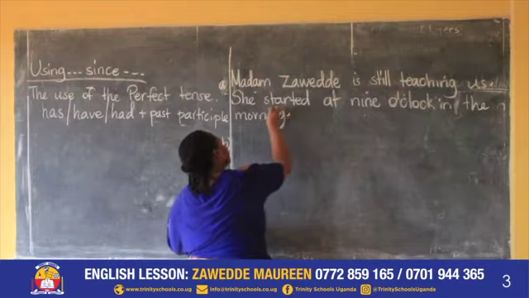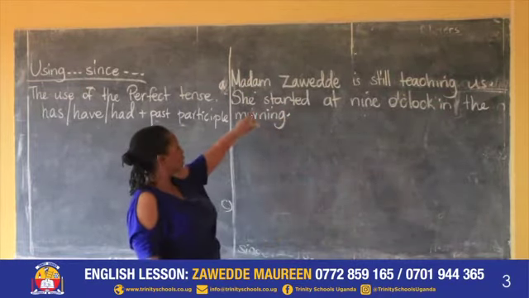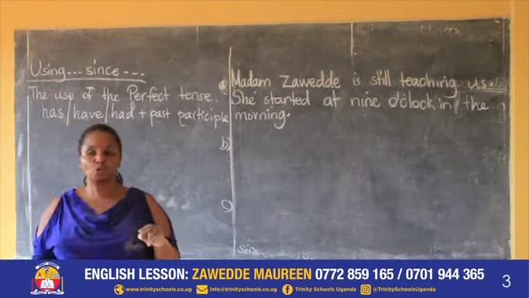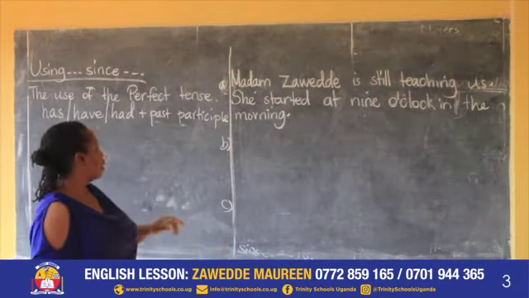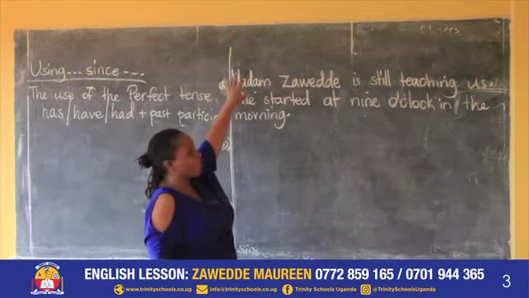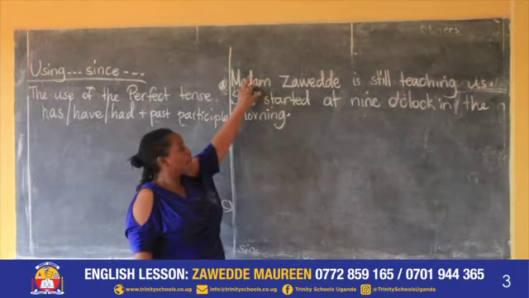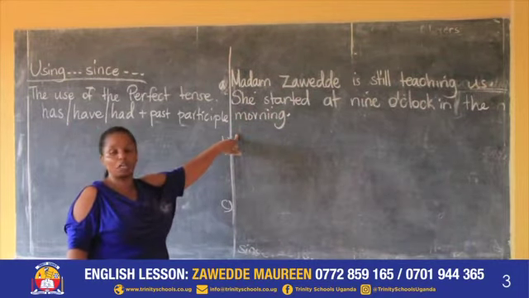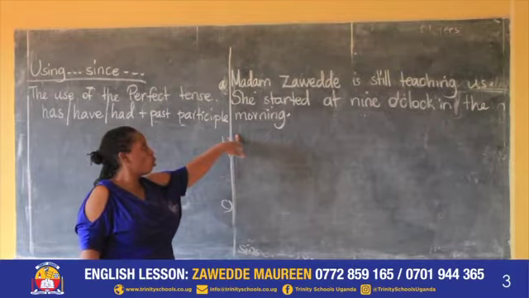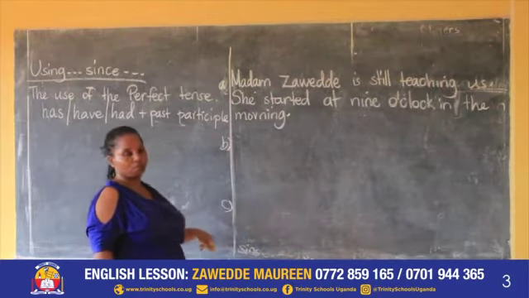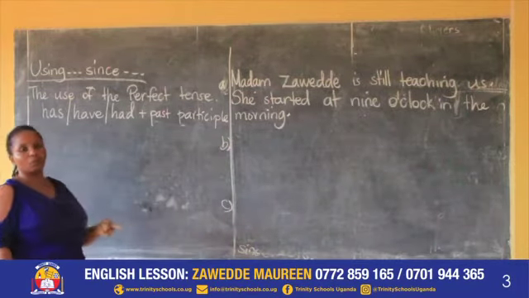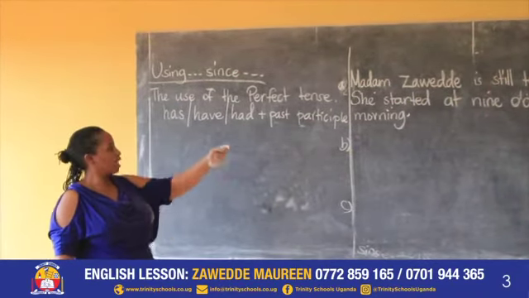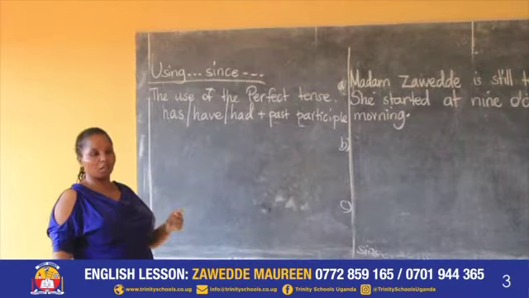When you look at these 2 sentences, the setter wants you to join them using since. Madame Zawedde is still teaching you, but the point of time at which it started was 9 o'clock in the morning. So we want to show that she is still teaching, but expressing the point of time she started teaching.